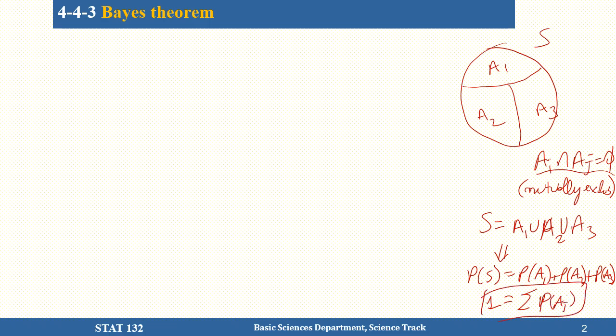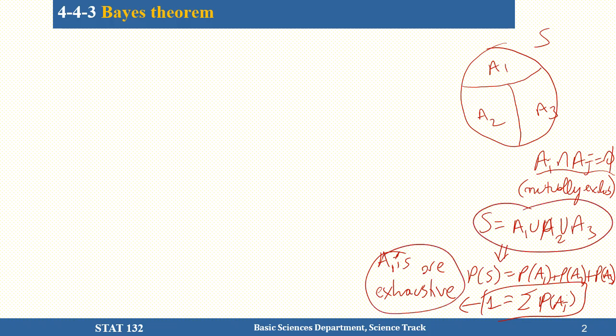We also say they're exhaustive. So they cover all the sample space. Their union covers all the sample space. So we say the Ai's are exhaustive. When we say exhaustive, you understand it covers all, so their union is equal to the sample space.